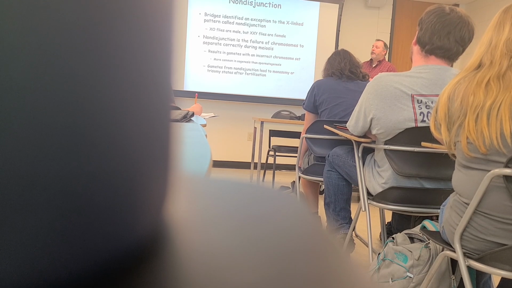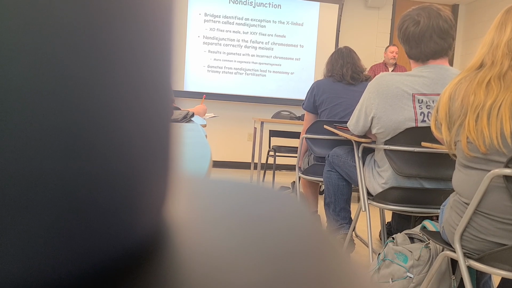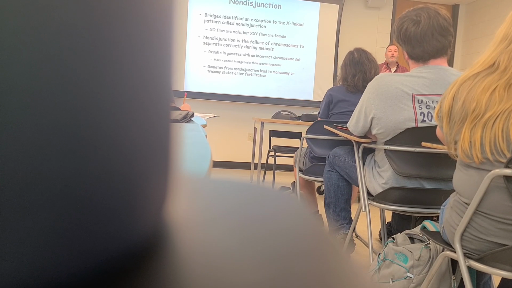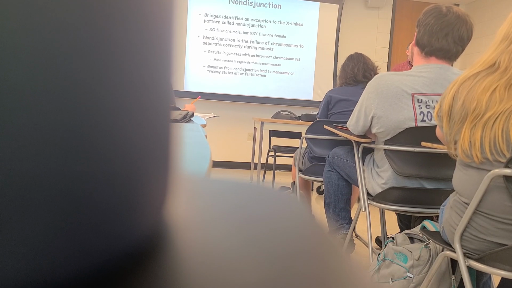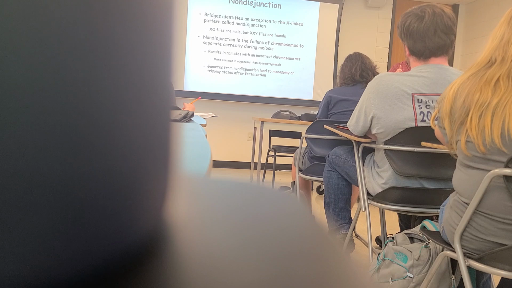Non-disjunction is more common during egg production, or oogenesis, than it is in spermatogenesis. There's a fun little story, I don't know if you know, that for women, all of your eggs are formed before you're even born. They're frozen in time in a meiosis somewhere. It doesn't really matter where, because we're not talking about that. But meiosis has started, but paused for every single egg a woman has.